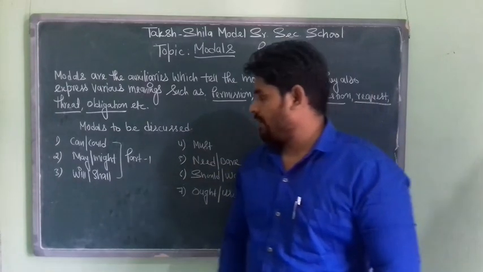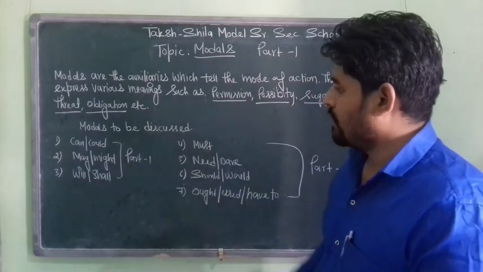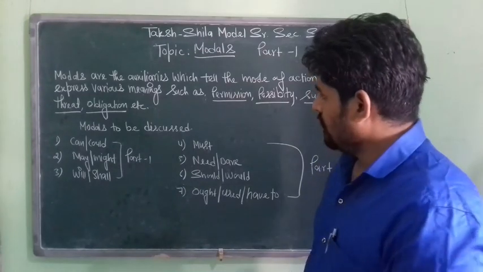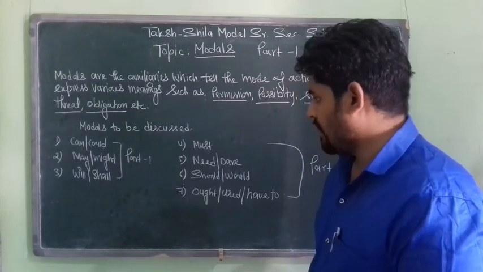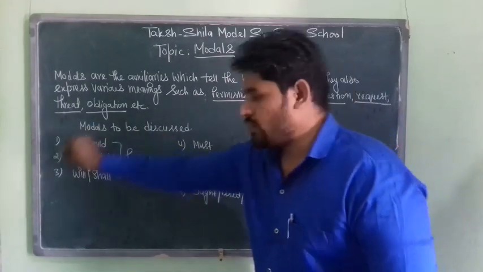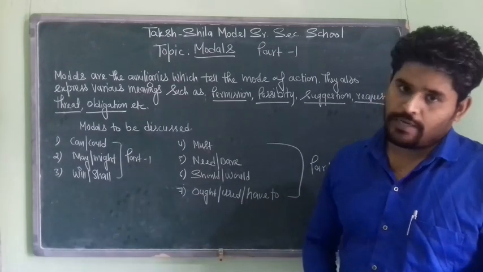So students, we have a few important models that we are going to cover in this lecture. First of all, we have can and could, may and might, will and shall. As usual, I always try to divide my whole chapter into two parts.